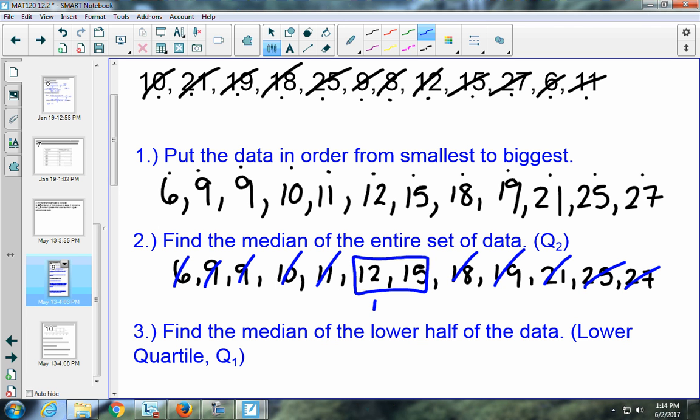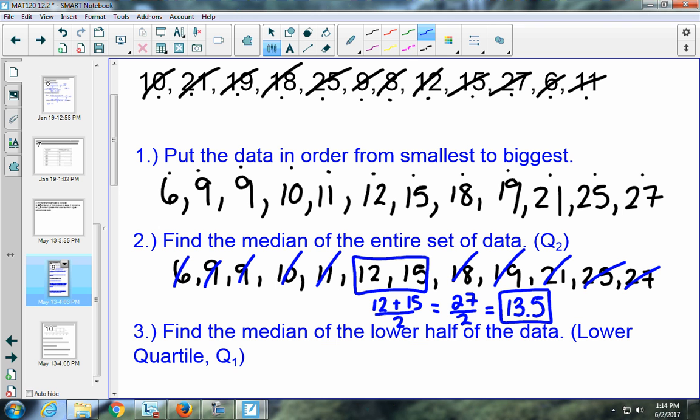So we add them and divide by 2 because we are finding the mean of these 2 numbers. That gives us 27 divided by 2, which is 13.5. So the median of the entire set of data, or Q2, our second quartile, is 13.5.